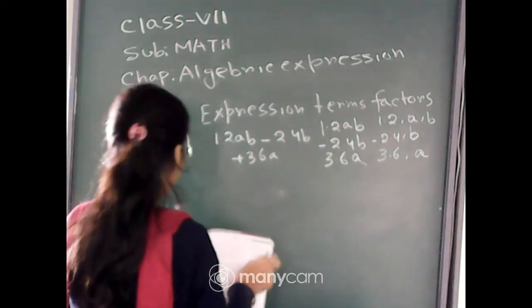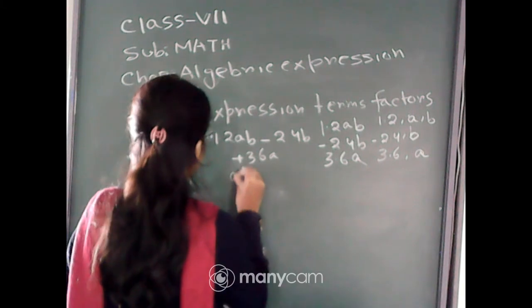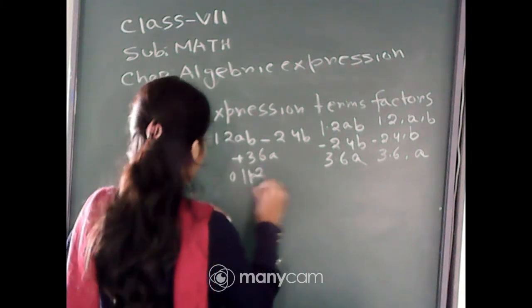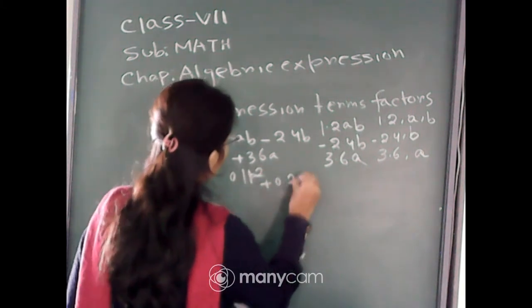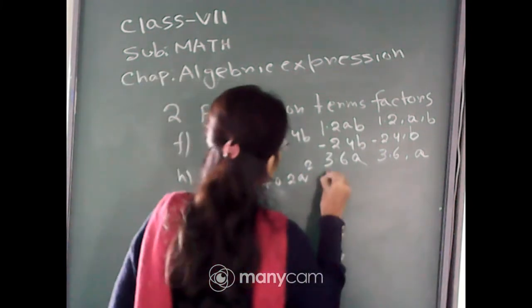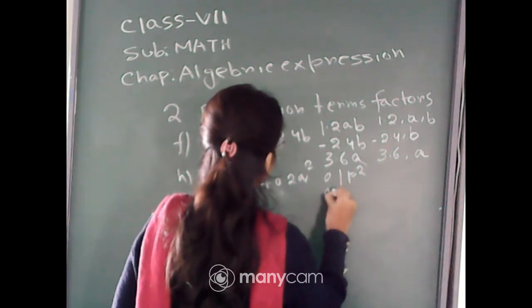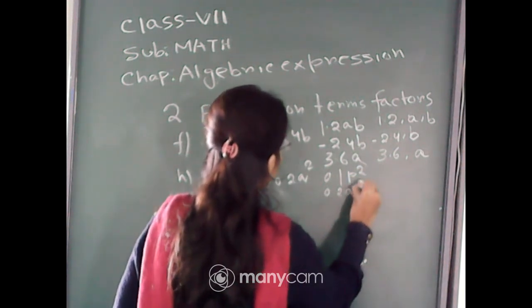Next question number H. Here the algebraic expression is 0.1 p square plus 0.2 q square. This algebraic expression contains the terms 0.1 p square and 0.2 q square.